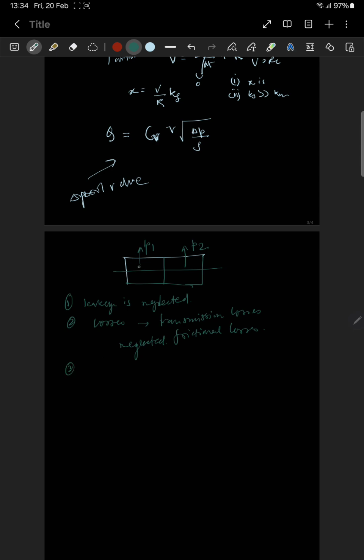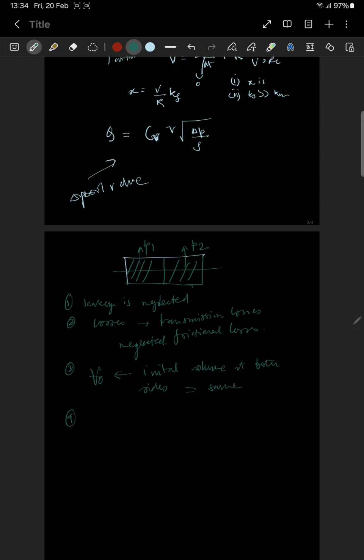Third, the initial volume of this part. Initial volume on both sides is the same.